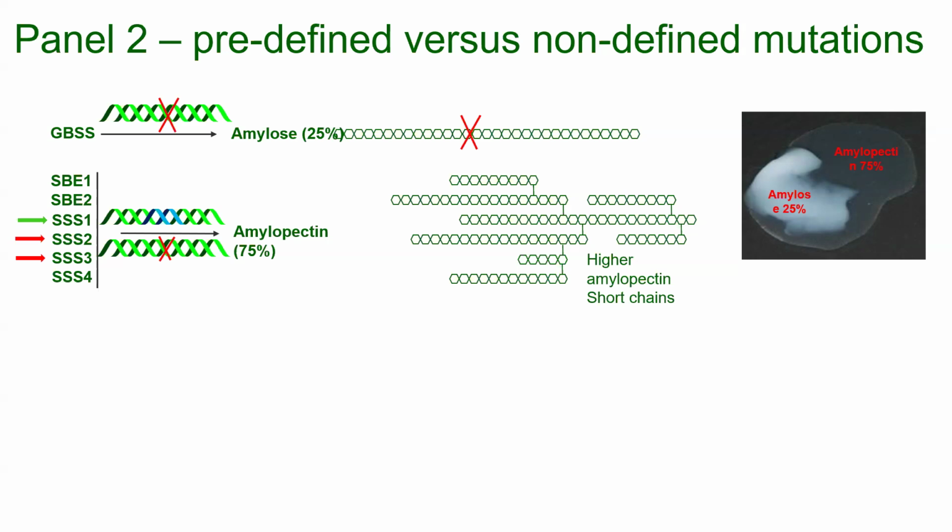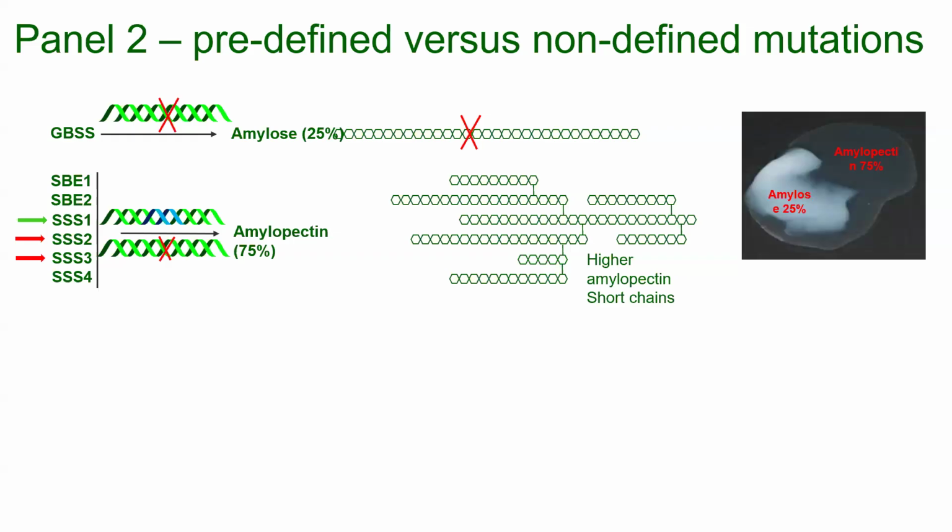And then for the amylopectin, so starch is a mixture of amylose and amylopectin. The amylose we want to get rid of, and for the amylopectin, we want to change the chain length. So we want to have higher amylopectin short chains.